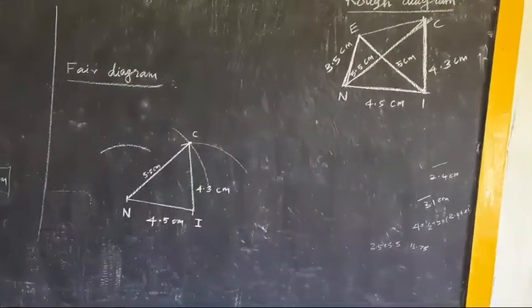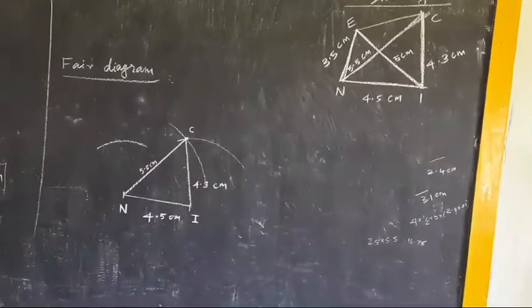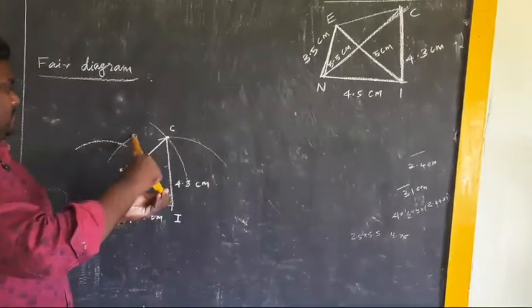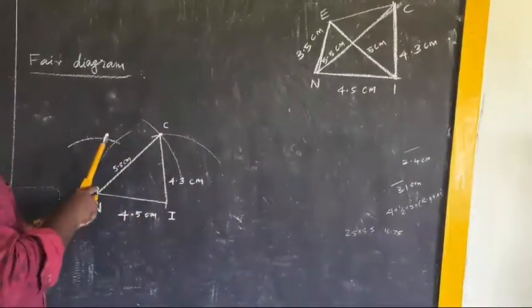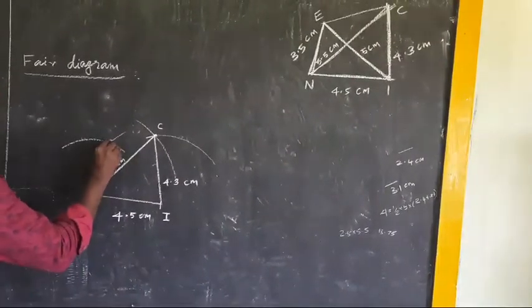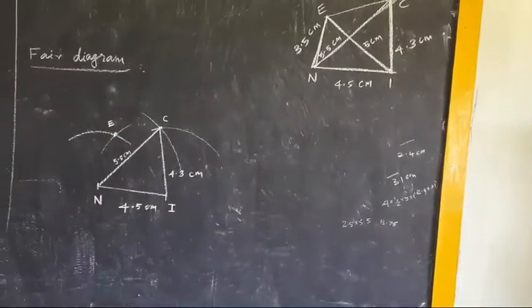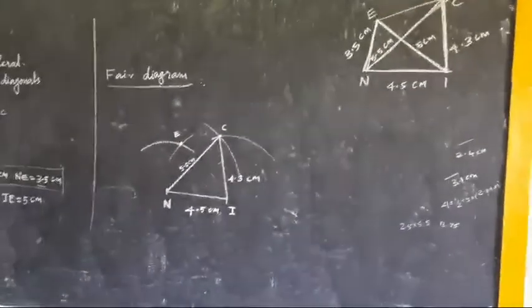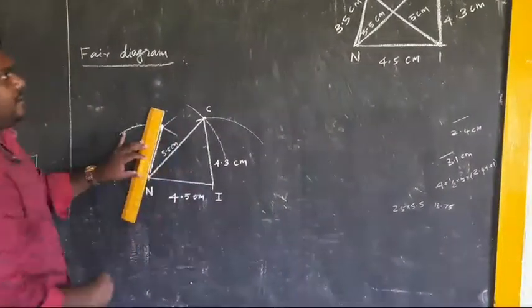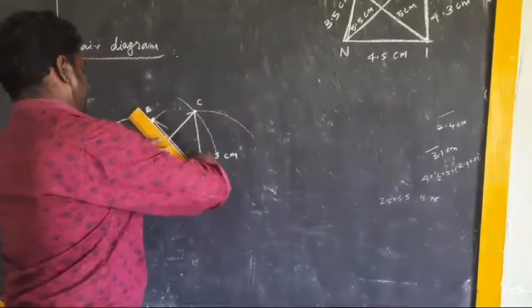Next 5 centimeter from I. The point where the two curves intersect is called E. Next, I join point NE and point IE.